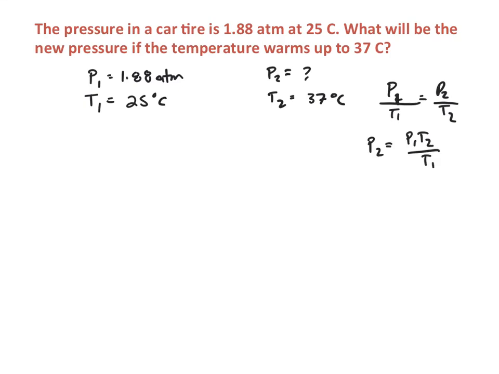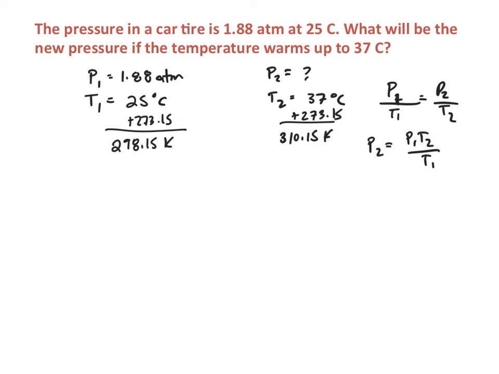Now that we've done that, we're going to check our units and make sure we can plug them in. Celsius and Celsius are not what we want to be in. We want to be in Kelvin because it's a gas law problem. So we're going to add 273 to each of these, and that will give us our new temperature values, which are as follows.